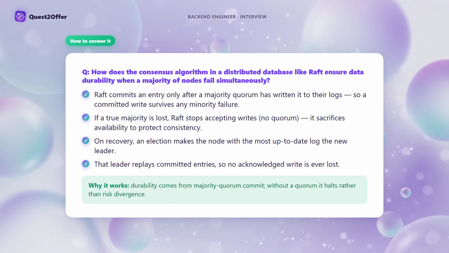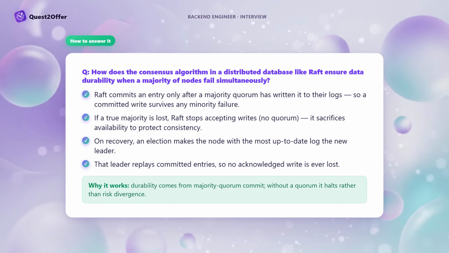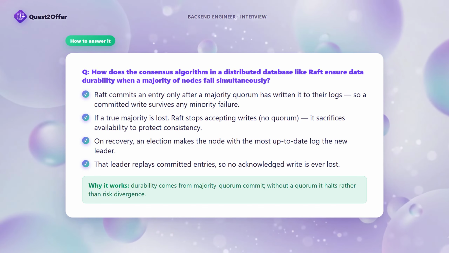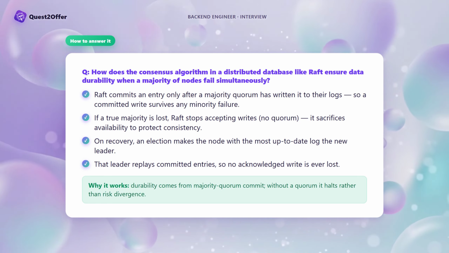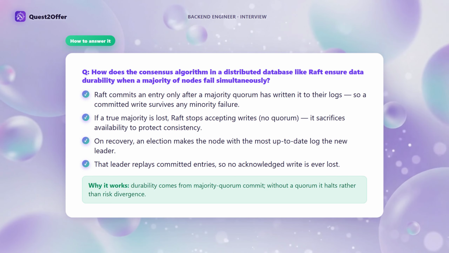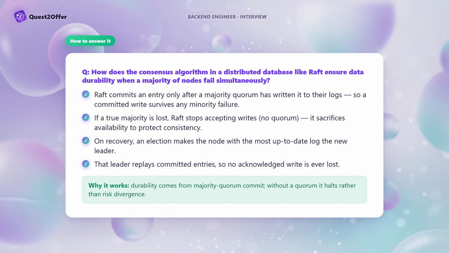If a true majority goes down at once, Raft stops accepting writes, no quorum, and deliberately sacrifices availability to protect consistency. When nodes recover, an election picks the most up-to-date log as leader, and it replays committed entries, so nothing acknowledged is lost.